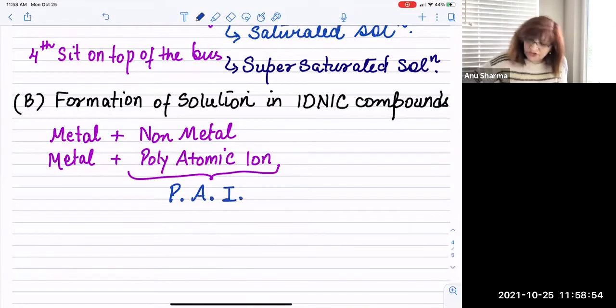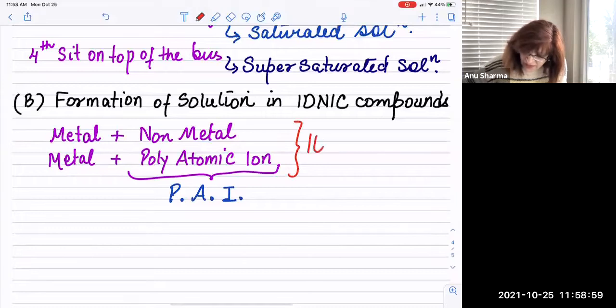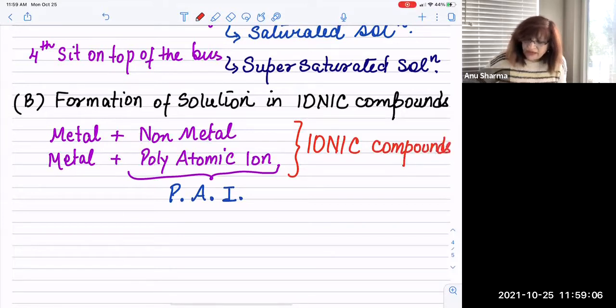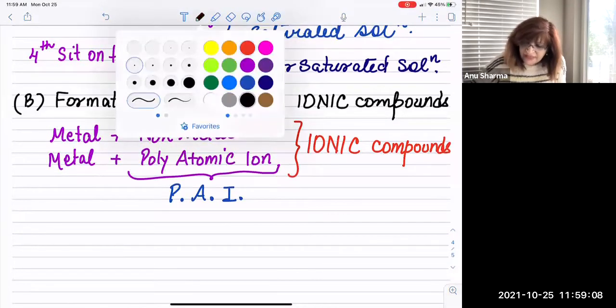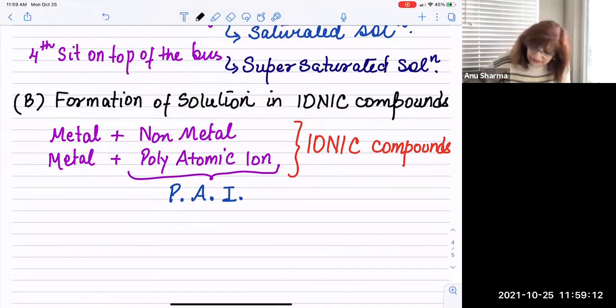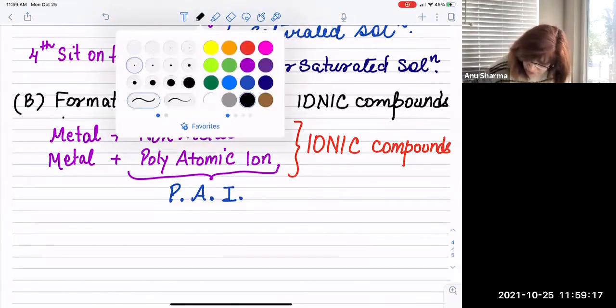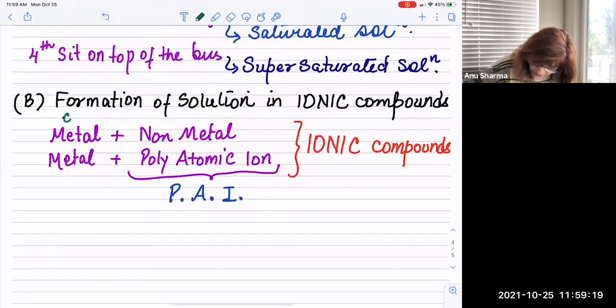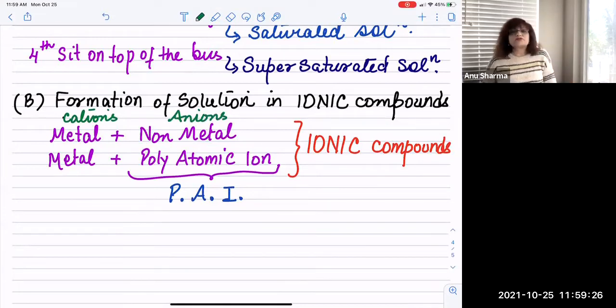Then in that case, all these settings are the ionic compounds. Now, keep in mind that these ions will obviously have a charge. So metals will form a cation. Cations are the metals, and the anions are the non-metals and the polyatomic ions.